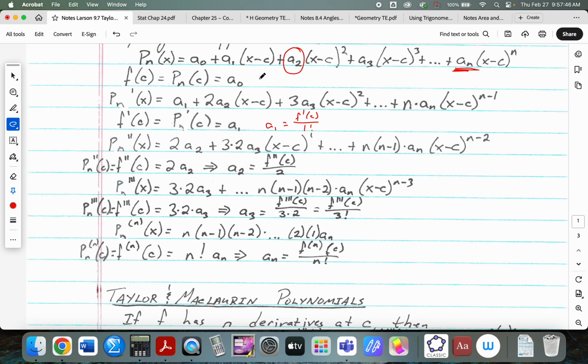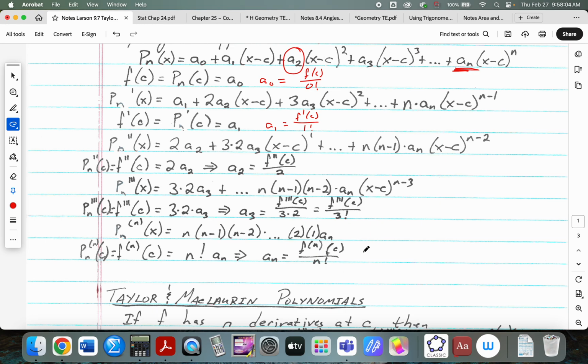Yeah, and in fact, we could have gone all the way back to say a sub 0 is going to be f of c over 0 factorial, because remember, by definition, 0 factorial is 1. So it actually works for all of them.